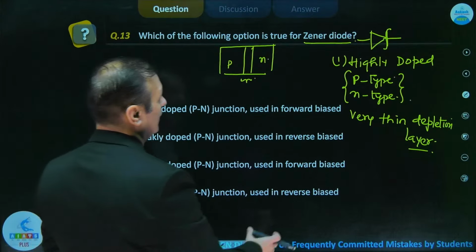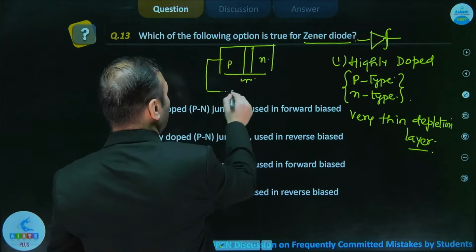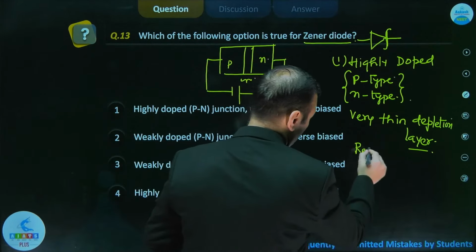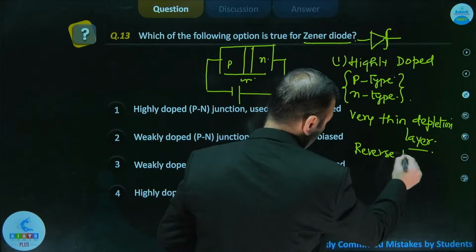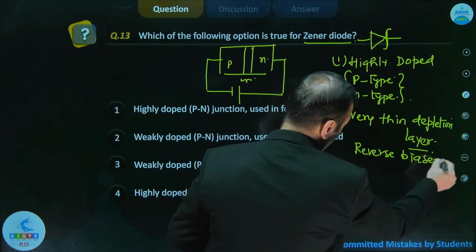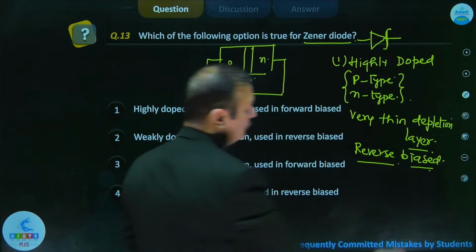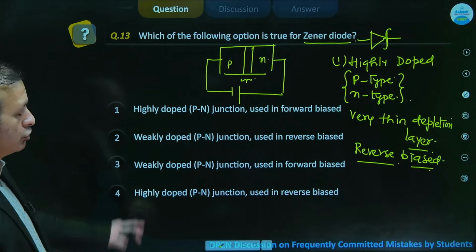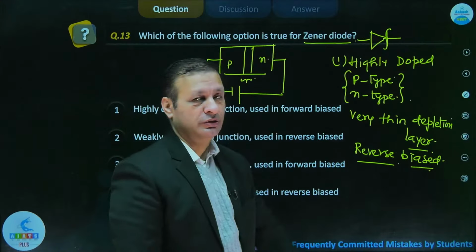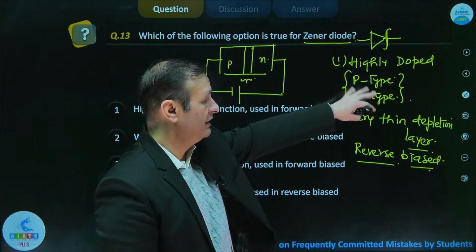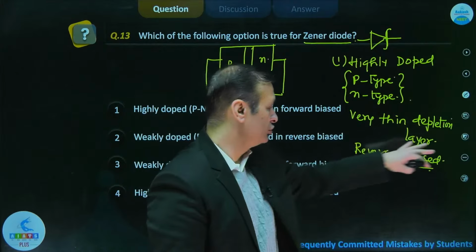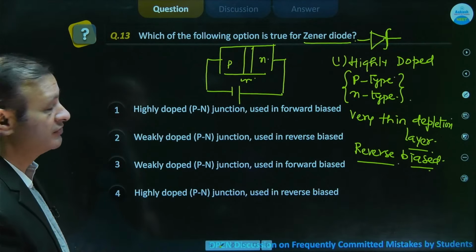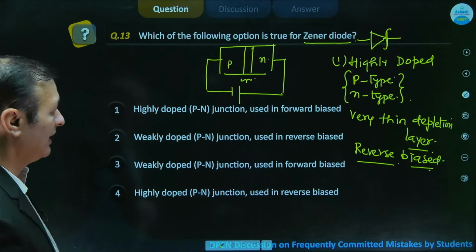Second, it is always operated in reverse bias. That is also very standard information, so that it can operate without being damaged. Based on this information, it's highly doped, both P and N, with a very thin depletion layer, and it operates in reverse bias so that current can flow without being damaged.